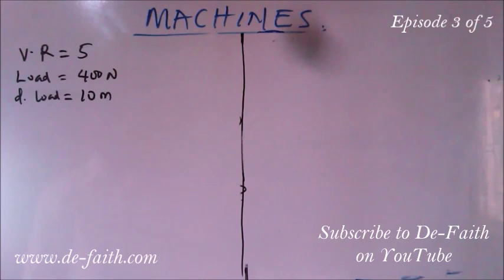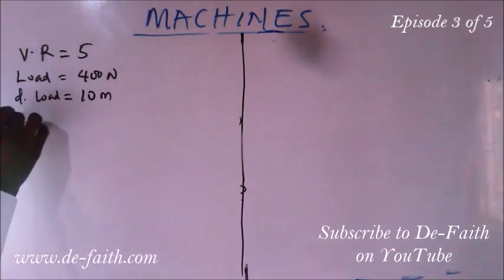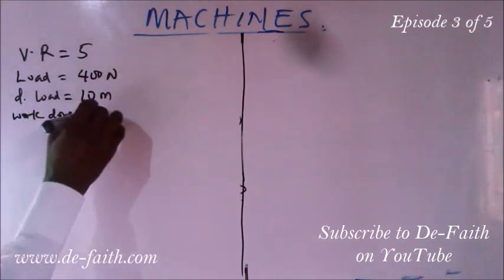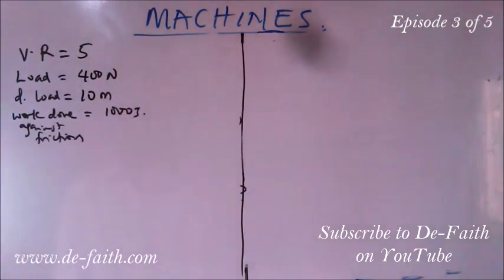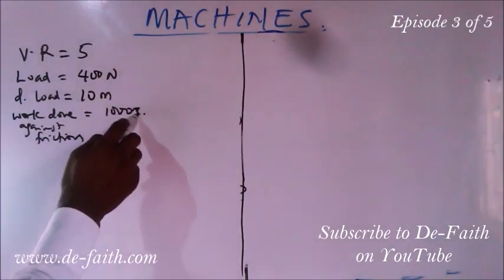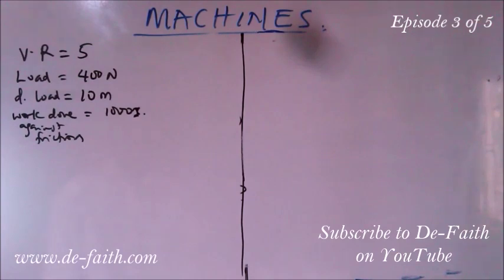Now the work done against friction is 1000 joules. Take note that this work done against friction is what does not help to have an efficiency of 100%. And so this work done against friction, when it is added to the work output, will give us the work input, but we shall get there shortly.